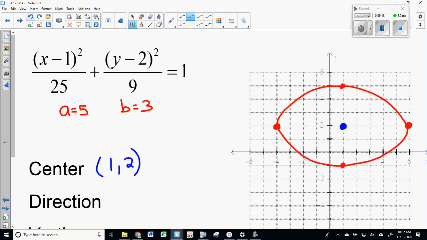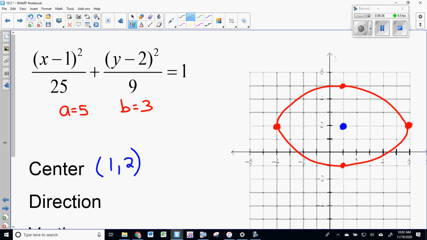So do you see how, when we talked about that open part, did we really have to consider which way it opened? It just happened automatically. Whatever's underneath the X, you go left and right. Whatever's underneath the Y, you go up or down.